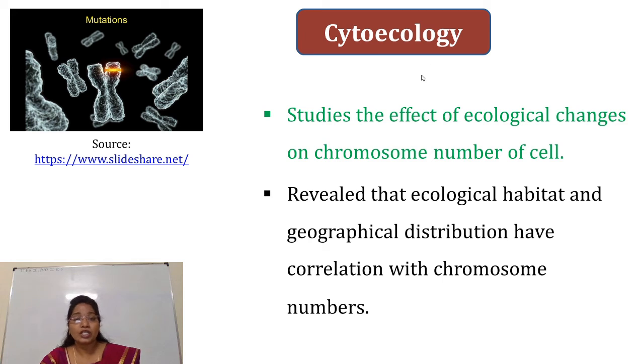Such cytoecological studies revealed that ecological habitat and geographical distribution have a correlation with the chromosome number. In this way, cytoecology plays an important role for the study of ecological habitat and geographical distribution.